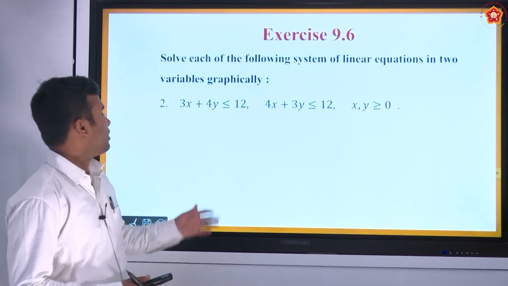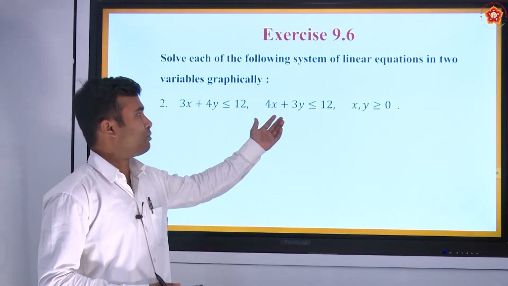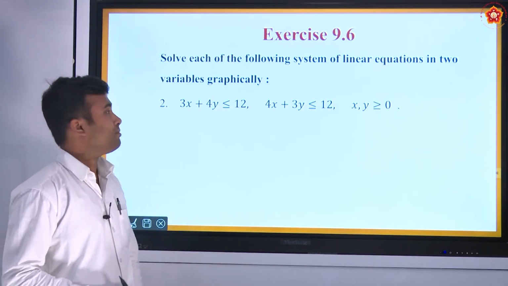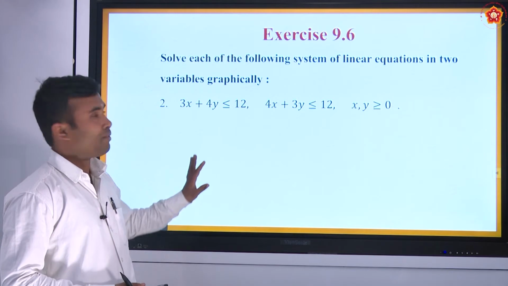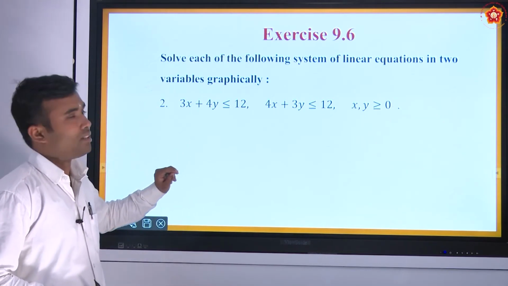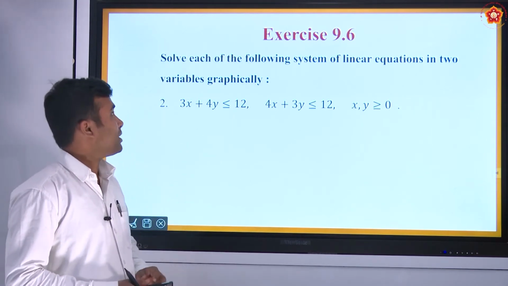Second example: 3x plus 4y is less than or equal to 12 and 4x plus 3y is less than or equal to 12, where x and y are positive. Here, we are going to solve these simultaneous inequalities, or a system of inequalities, by the graphical method.